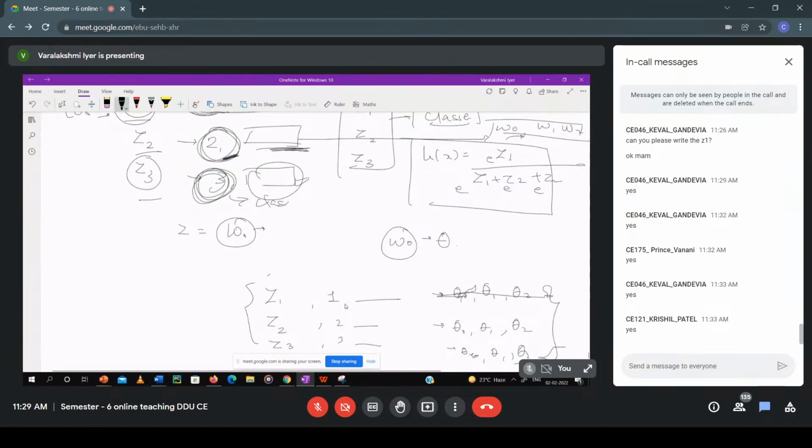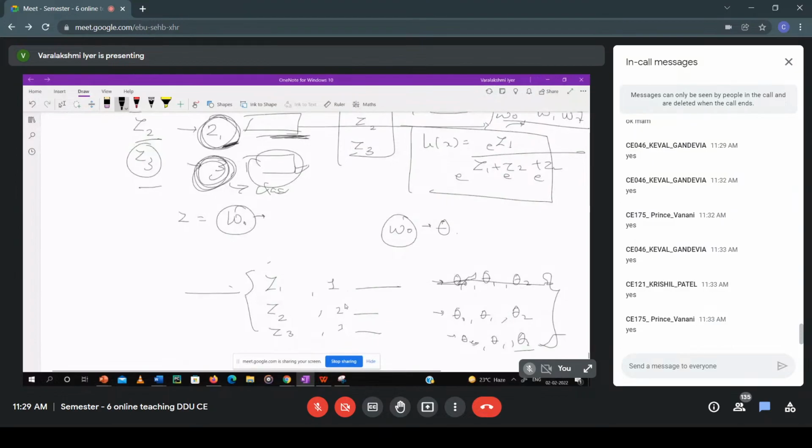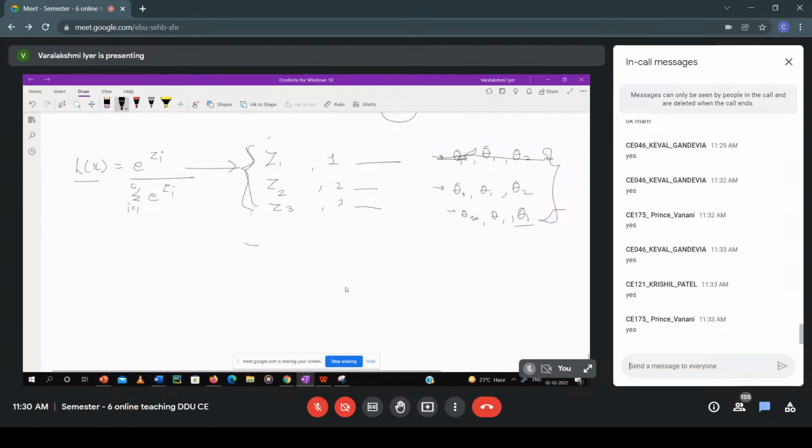Right? So for each value of Z, we'll be calculating the hypothesis. So the hypothesis value is e raised to Zi upon the sum over i equals 1 to C of e raised to Zi. Okay? That is what we are trying to do. The ultimate calculation for Z is theta 0 plus theta 1 x1 plus theta 2 x2.